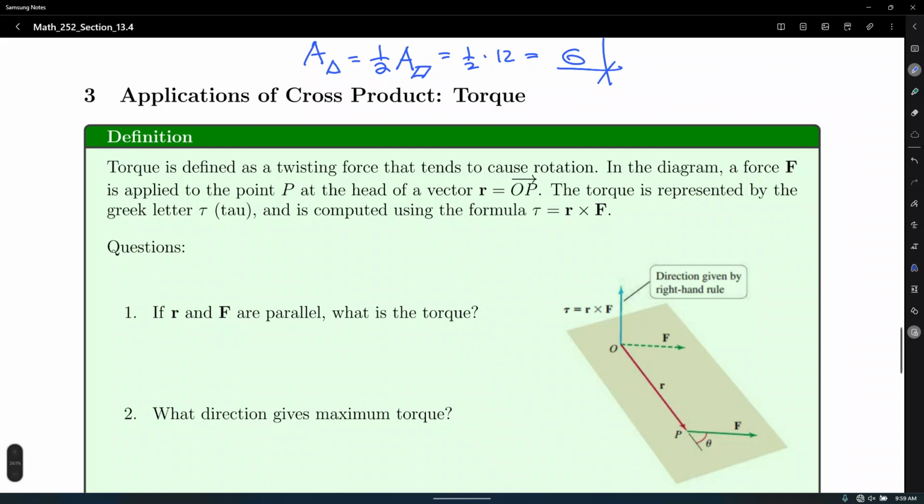A very classical example is the door. Sometimes we're in a hurry and I just do this, and I'm going to struggle to open the door a little bit because I'm pushing the door with an angle as opposed to perfectly perpendicular to the door.